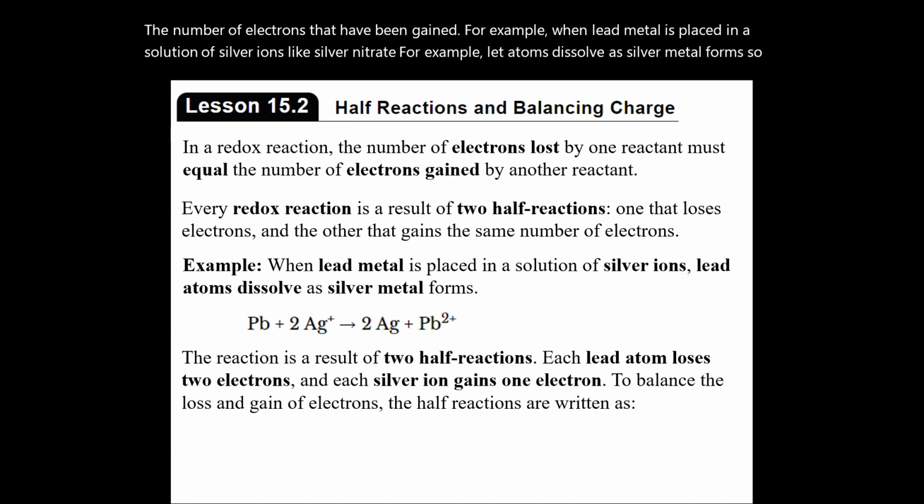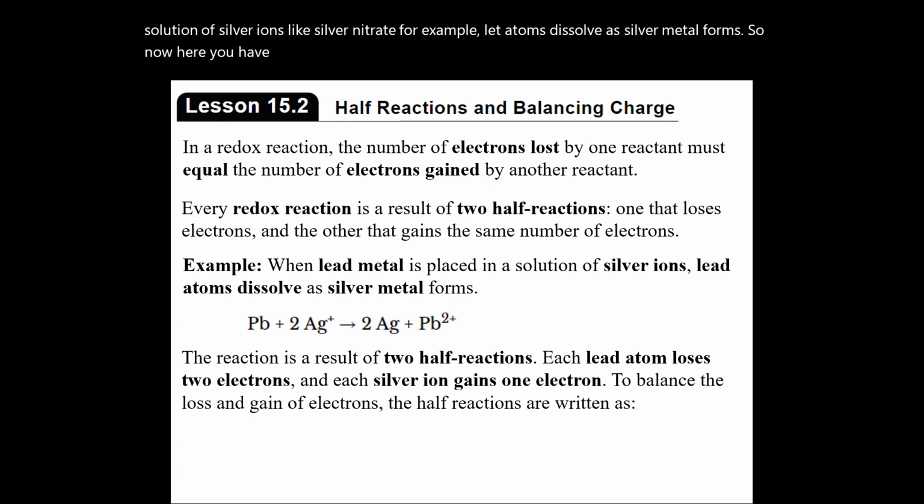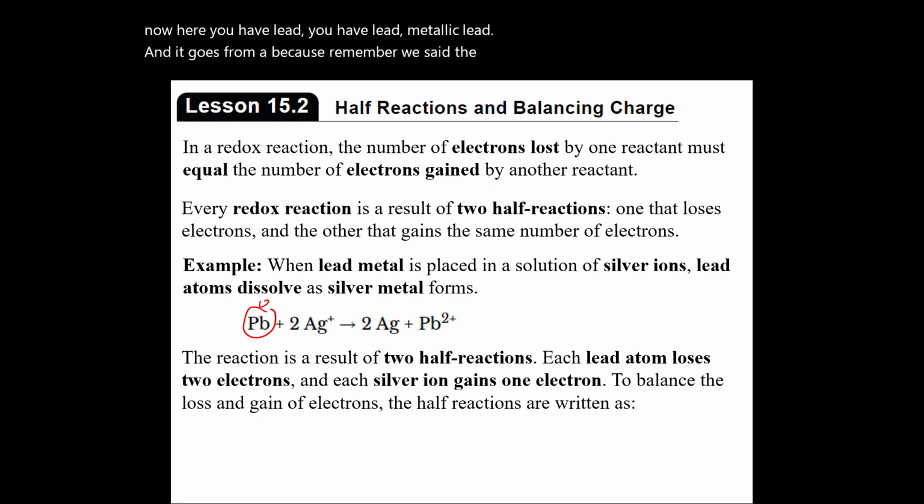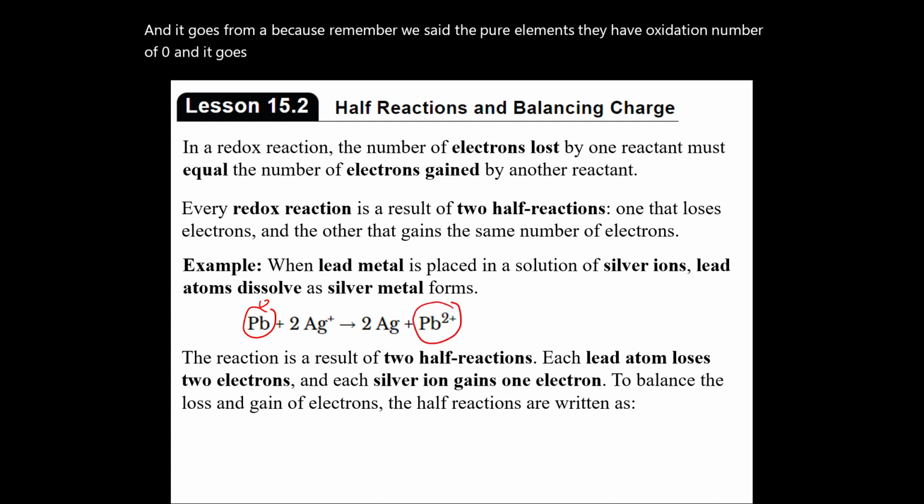So now here you have metallic lead, and remember we said the pure elements have an oxidation number of 0, and it goes from 0 to +2. That's oxidation. The oxidation number has increased, right? And silver here is +1.